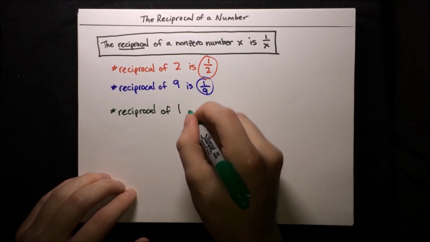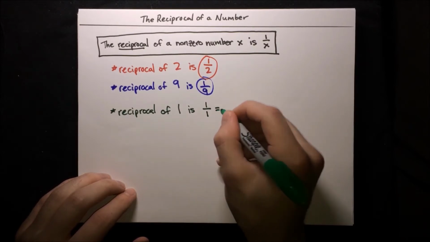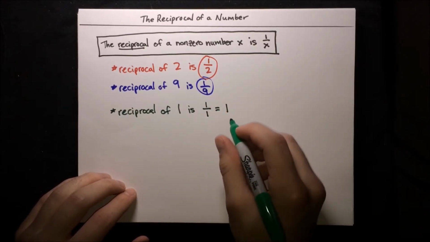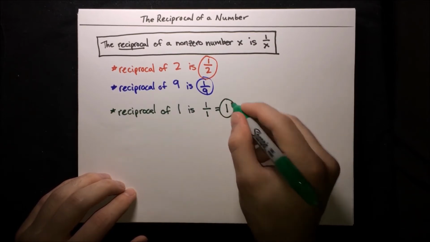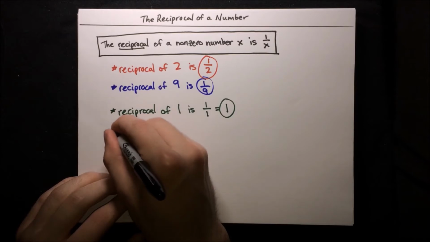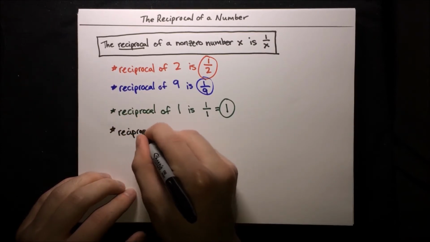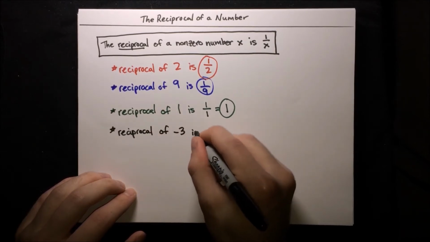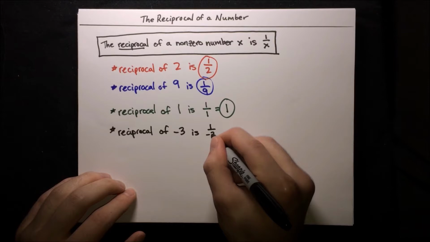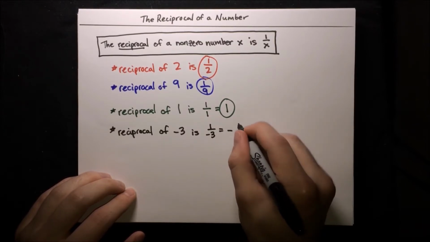Well, the reciprocal of 1 is just 1 over 1, which can be simplified to just 1. Yeah, that's right. 1 is the reciprocal of itself. And then how about a negative number? The reciprocal of, say, -3 is just 1 over -3, which can be simplified by pulling out the negative, just -1/3.